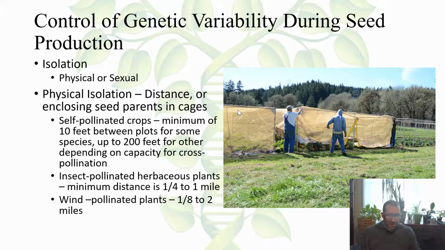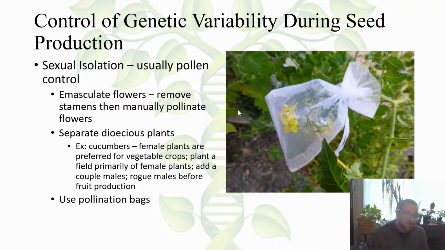For insect-pollinated plants, the minimum distance could be anywhere from 1/4 of a mile to a mile, depending on the species. And same with wind-pollinated, anywhere from 1/8 of a mile up to 2 miles, that you need to separate populations if you're trying to keep them isolated and prevent the influx of new genes from other populations or wild populations. That's physical isolation.